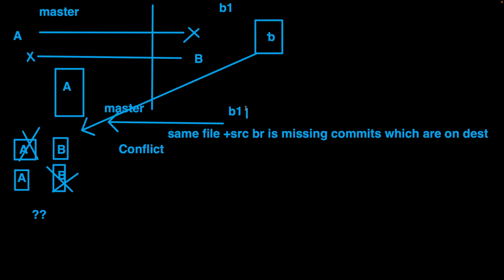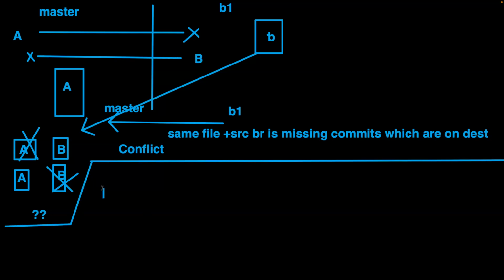A. That's all. Commit A. Very clear here. Commit A is not there on B1. So that is the reason for conflict. Just because of the same file, you don't get a conflict. Same file, and if source is missing the commits, you get a conflict.